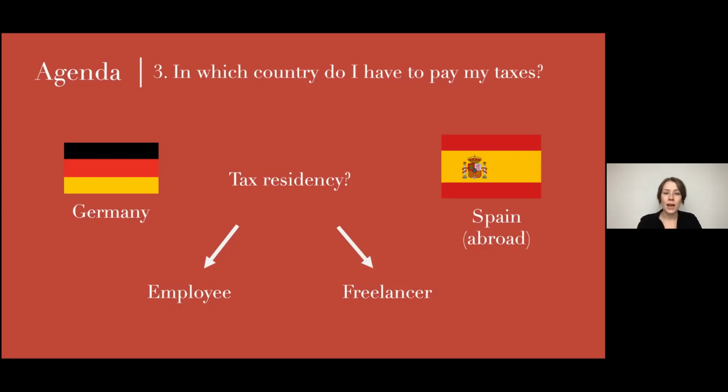And that is why I always recommend, if you work as a self-employed person, as a freelancer, to clarify right in the beginning whether Germany has the right of taxation, or maybe it is Spain. For that, you can also contact the finance authorities, because if you are a freelancer, it's only your own responsibility to clarify this question.